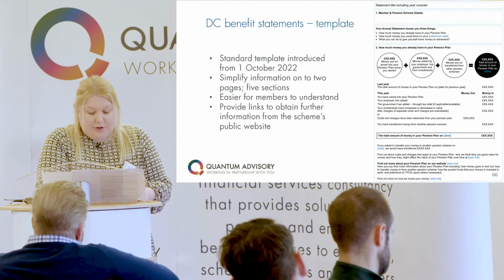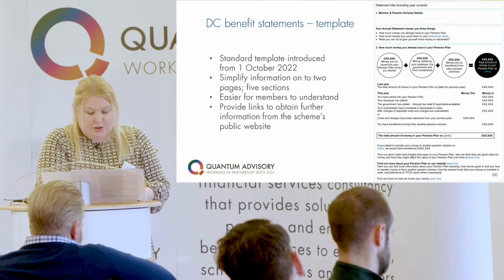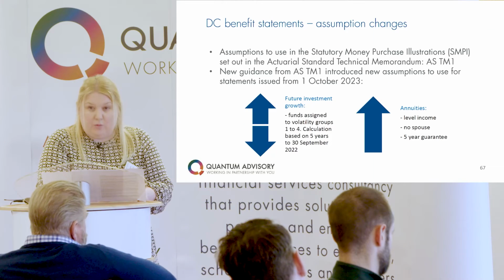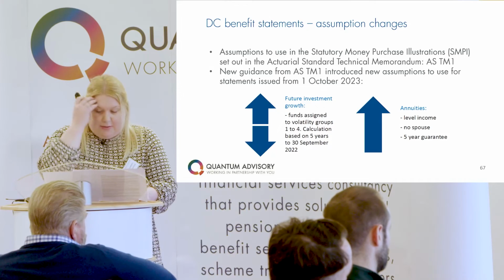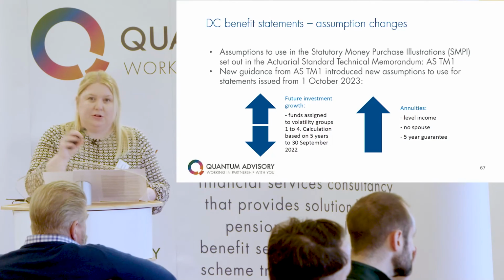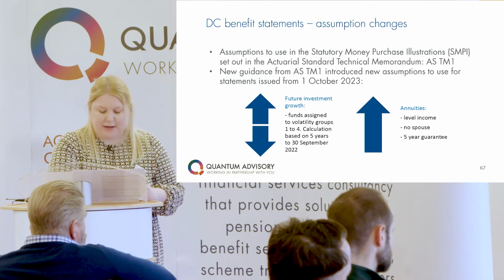Now, last year, further changes were introduced to the assumptions used within the benefit statements, and this is applicable to the third section, the how much you'll have at retirement.